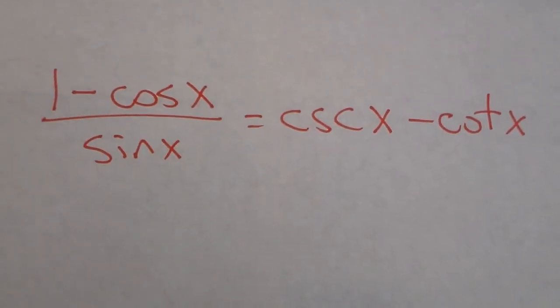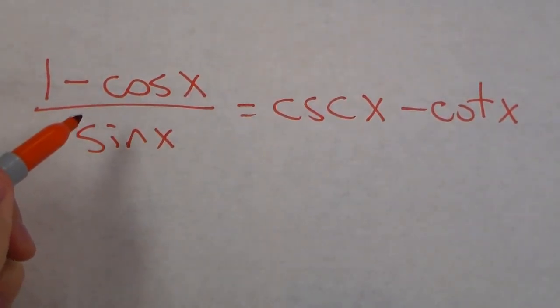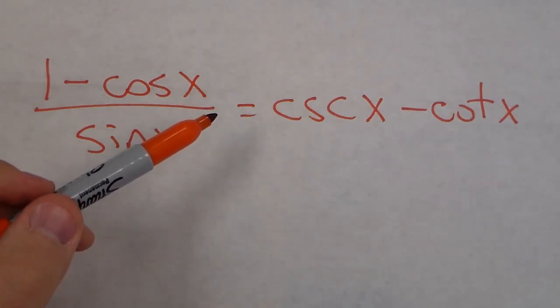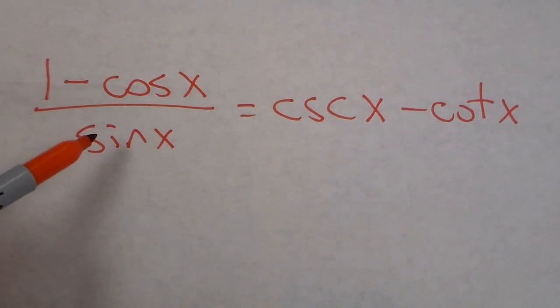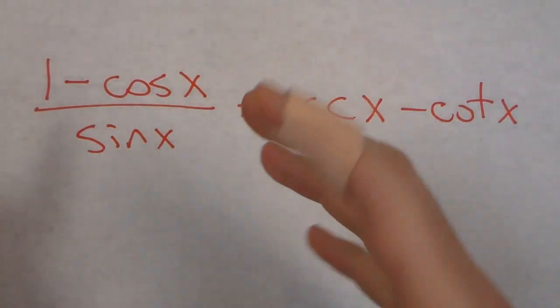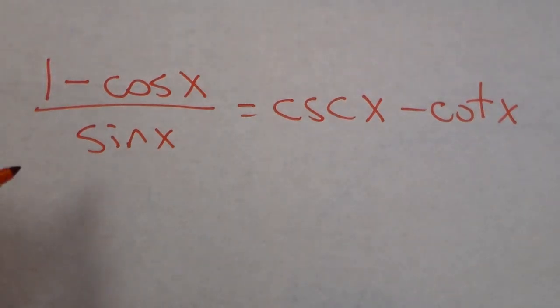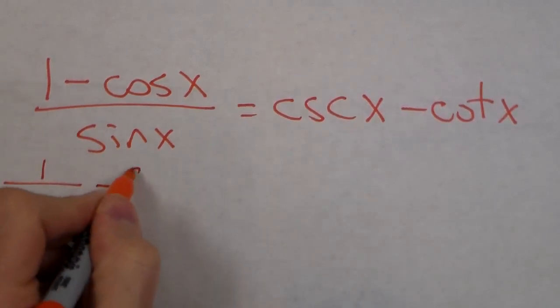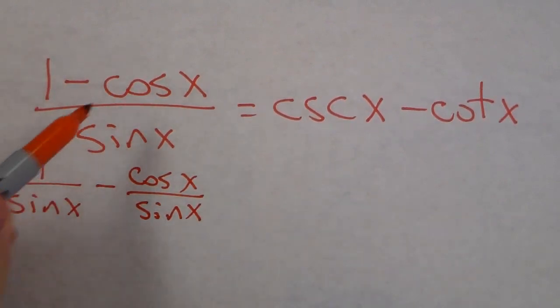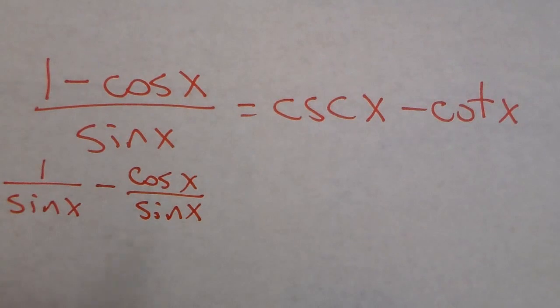Okay, next one, I have a fraction on the left, cosecant and cotangent on the right. I'm going to work on the left-hand side because this would be kind of tough to make into fractions. So let's start with the fraction and see if I can work my way to the right. Now this was one of the hints I mentioned, that if it has a single term in the denominator, you can split it. So we're going to make this into 1 over sine x minus cosine x over sine x. Anytime you get a fraction, it's going to be easier to work away from the fraction to get to this.